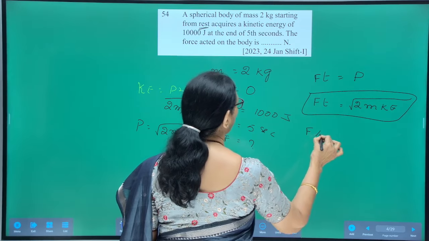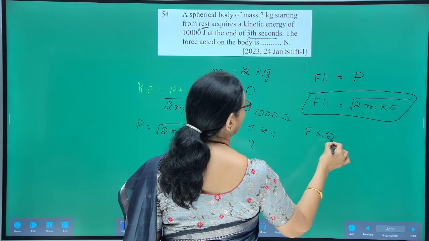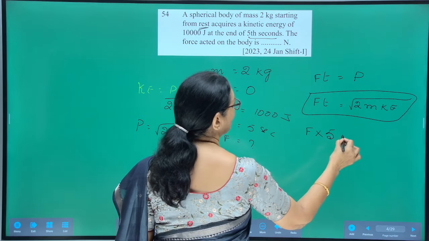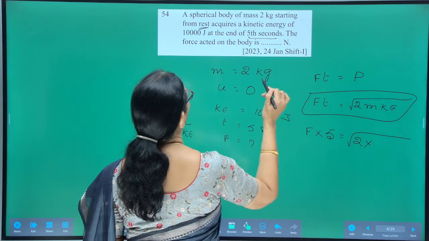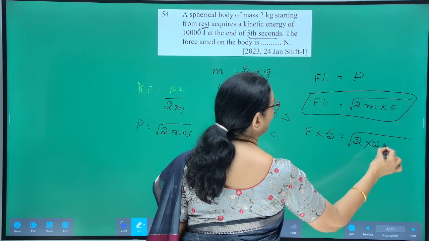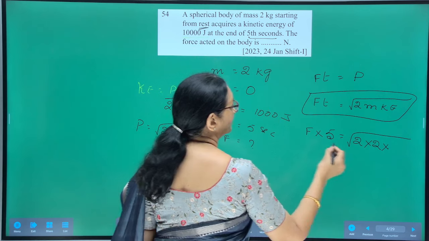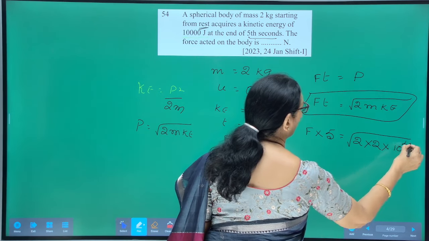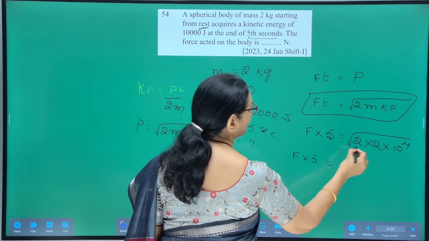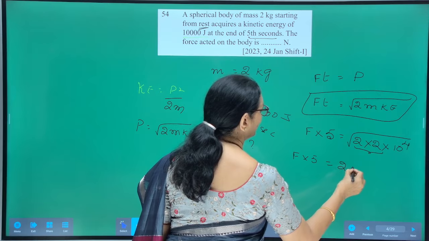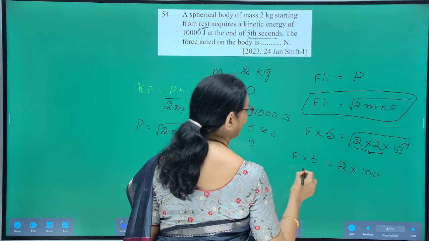F we need to find, and t is at the end of the 5th second, at the end of 5 seconds. So, t is 5. This is square root of 2 into mass of the body, which is given as 2, that is 2m. Kinetic energy is given as 10,000 joules, that is 10 to the power of 4. So, F into 5, square root of 2 square is 2, square root of 10 power 4 is 10 square, that is 100.